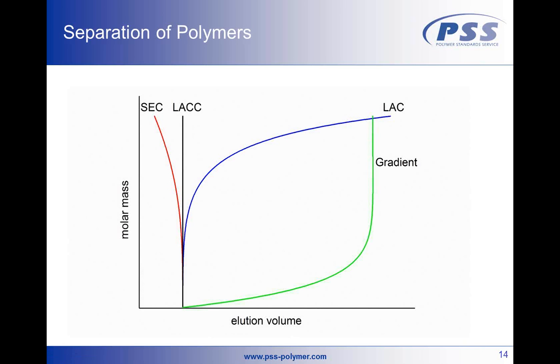And the good thing about it is, well, it takes some time to establish these conditions, but under these critical conditions, as we call them, we always claim, well, we make the repeating units chromatographically invisible.